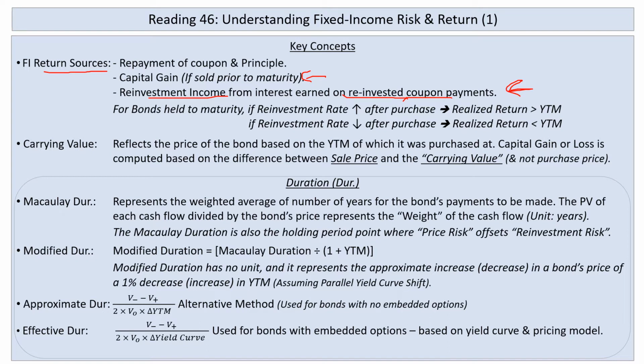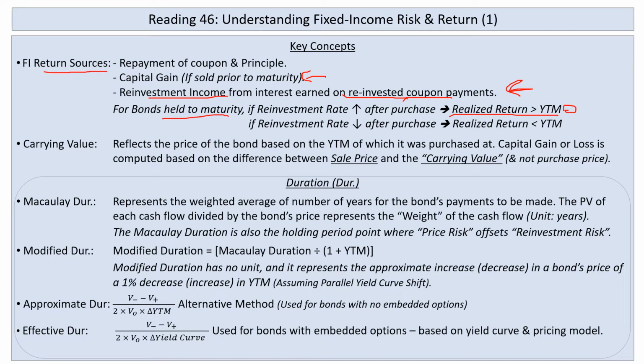Now, if the prevailing YTM or the reinvestment rate increases, that means that the realized return over the life of the bond, if held to maturity, would be higher than the initial YTM.